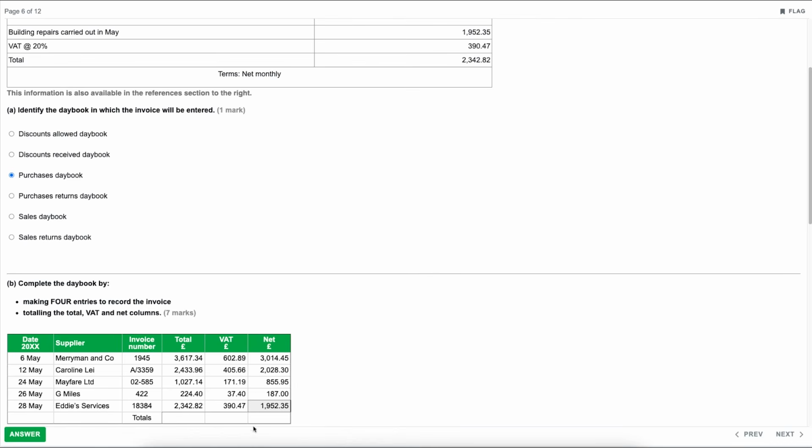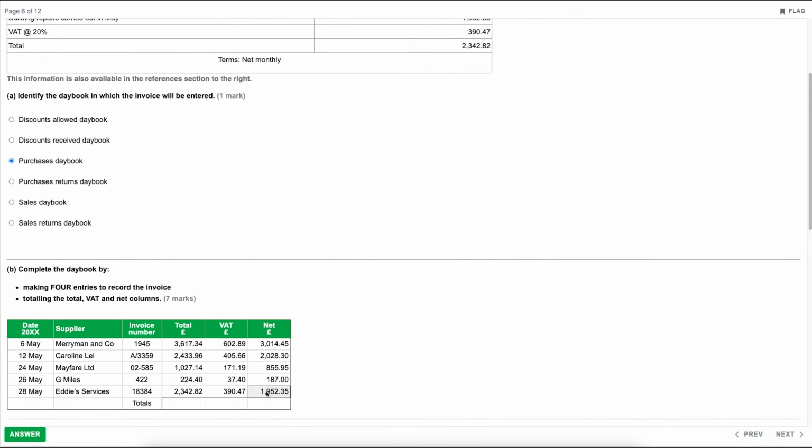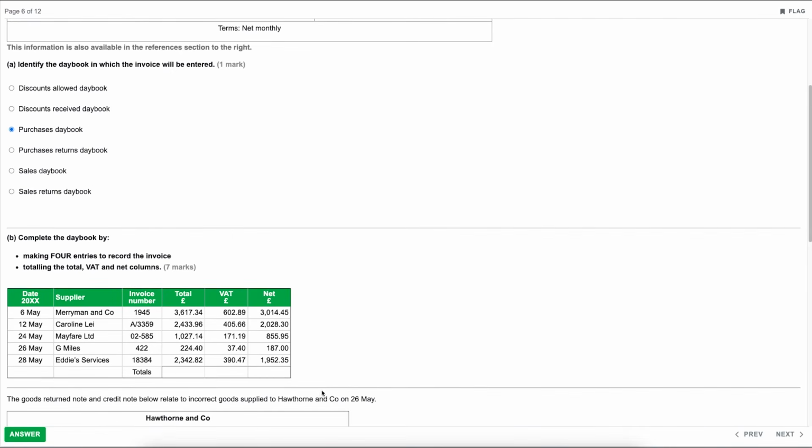And then all we need to do is total our net column, VAT column, and total column. So we'll start with our net column. If we add up all those figures, that comes to £8,038.05. If we then add up our VAT column, that comes to £1,607.61.